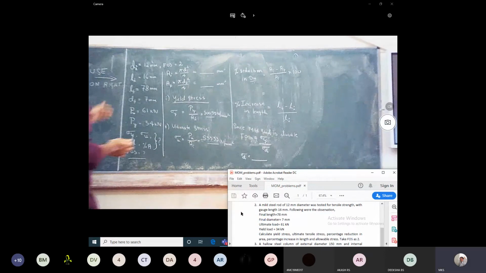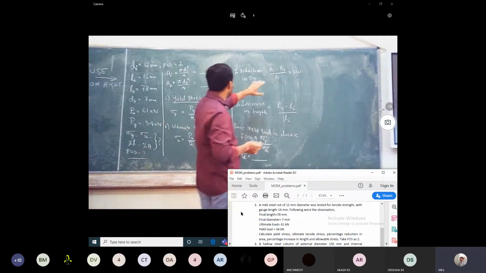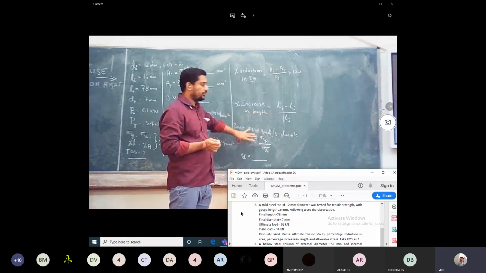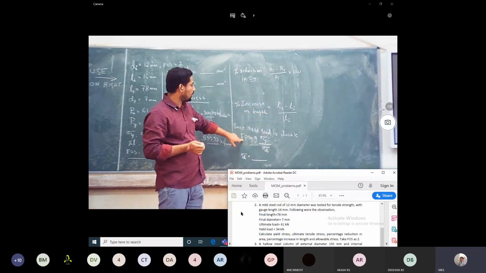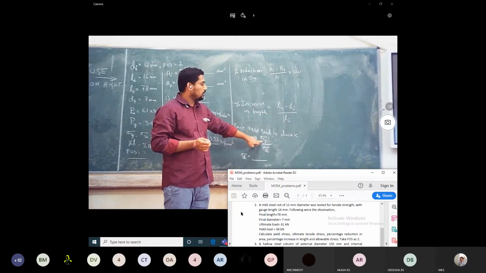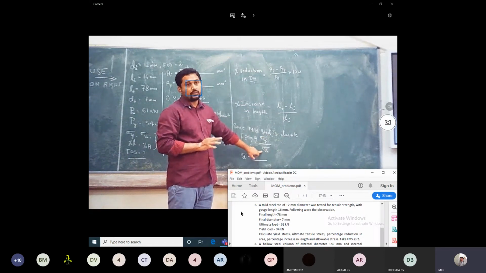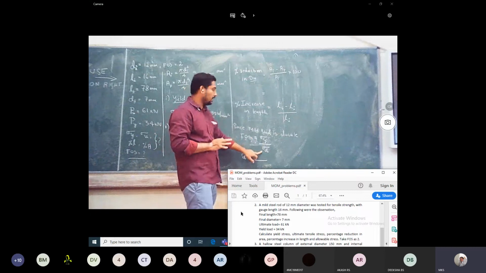These equations you need to remember: percentage reduction in diameter, percentage increase in length, and the factor of safety. Since it is a ductile material, it is yield strength to design stress. If it is a brittle material like cast iron, it is sigma u by sigma d.